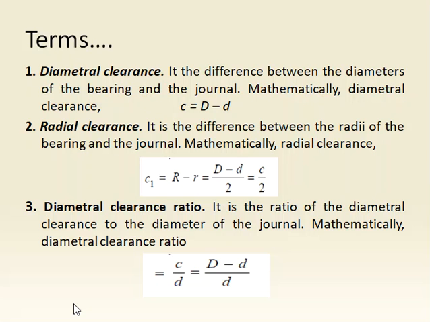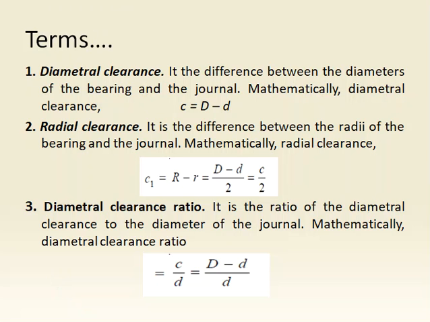Whereas radial clearance is the difference between the two radii, the bearing radius and the journal radius. It is denoted by C1, whereas diametral clearance is denoted by C. Coming to the diametral clearance ratio, it is the ratio of the diametral clearance to the diameter of the journal, right?